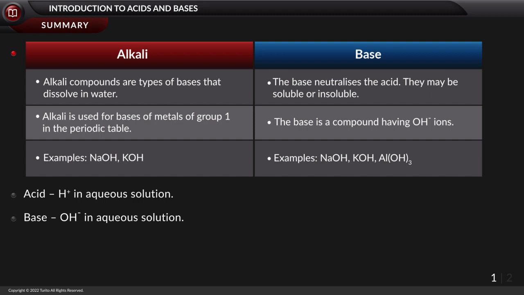Examples of alkali are NaOH, KOH. And examples of bases are NaOH, KOH, Al(OH)3. Acid is the substance that can release H+ in an aqueous medium, and base as a substance that releases OH- in the aqueous medium.